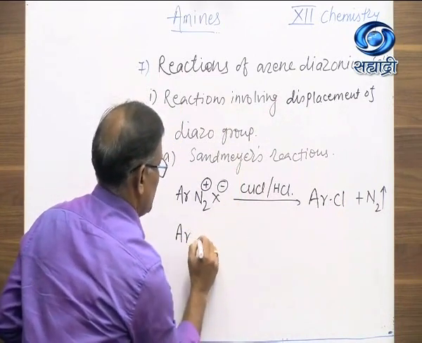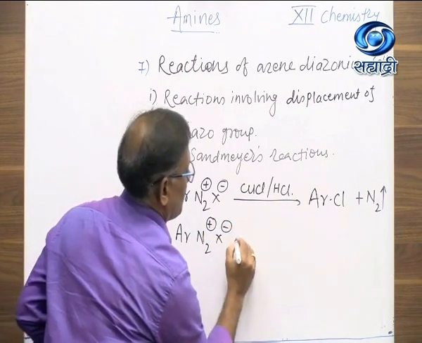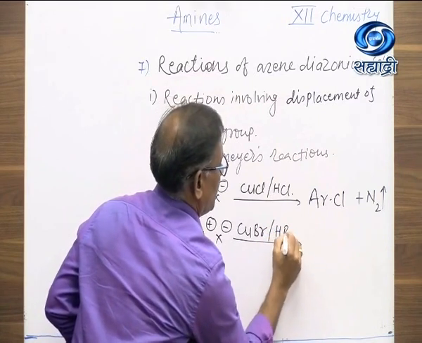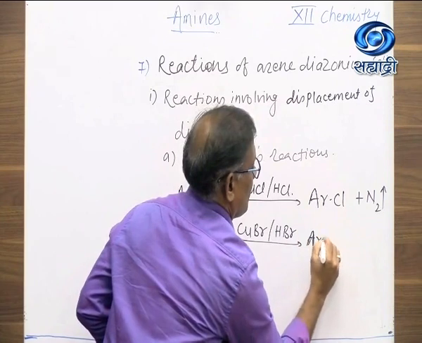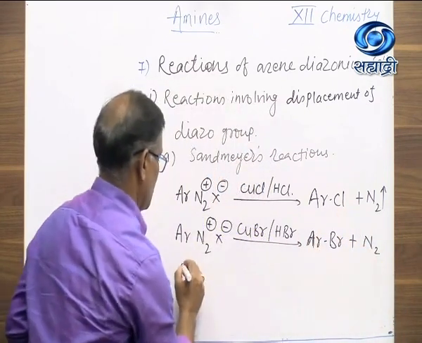We can also carry out this reaction with different reagent, that is cuprous bromide and HBr. It gives bromobenzene and nitrogen gas.